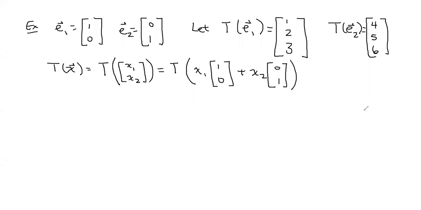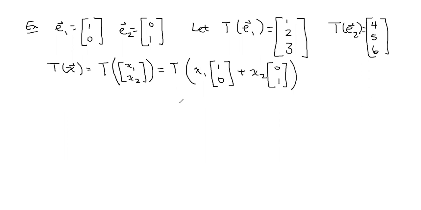Just make sure that you're convinced of this. If we actually multiplied out this linear combination, we have x1 times 1 plus x2 times 0 gives us x1. That's our first spot. x1 times 0 plus x2 times 1 gives us x2, and that goes in our second spot.